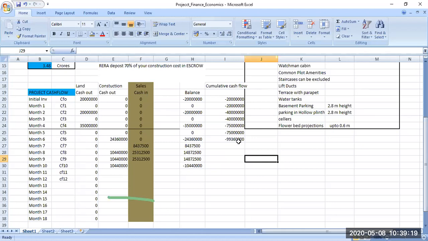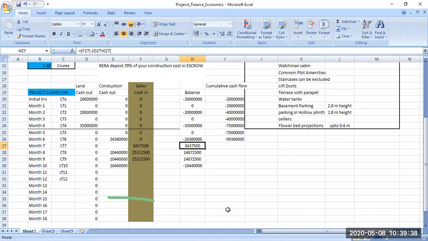We're still in negative, and I think from this month, that is month 7, we will slowly, from a negative 9.9 crores, start crawling back because now our sales have kicked in from this point.